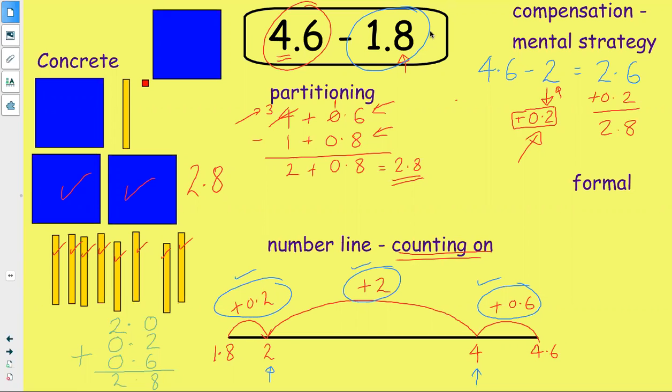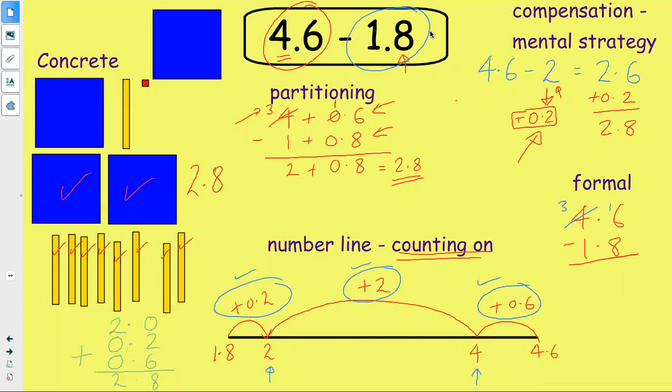And there's a formal method, 4.6, subtract 1.8. I'm going to borrow or exchange here. So 6 take away 8 you can't do, so you're going to borrow or exchange. You're going to borrow from this 4 here, goes down to 3, you're borrowing 1 unit, it becomes 10 tenths.